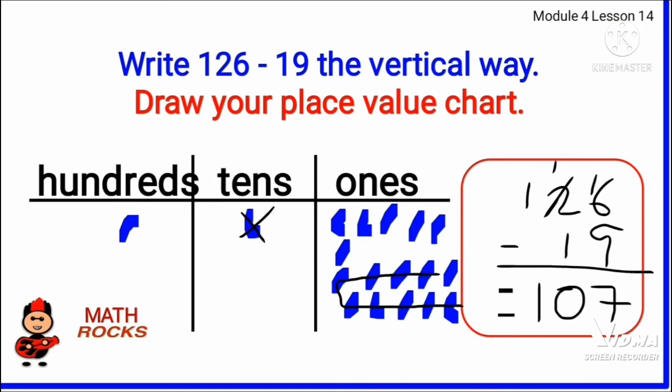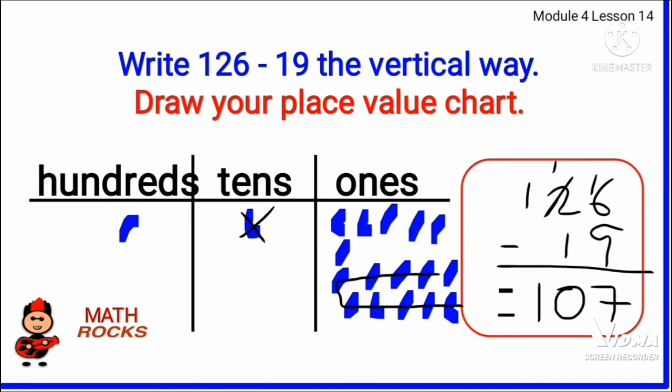In the hundreds place, I have 1. In the tens place, I have 1 because I have decomposed a 10 so that I can remove 9 from the 16. I cannot remove 9 from 6 ordinarily, so I have to decompose a 10 to have 16 ones. So if you take away 9 ones from 16 ones, you'll have 7 ones.